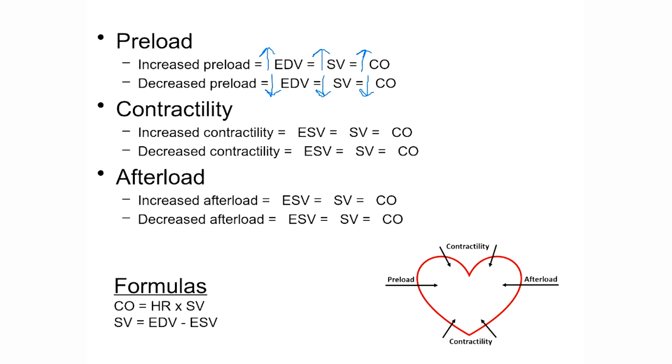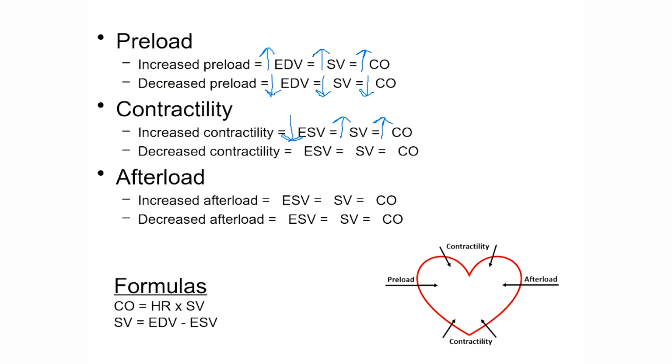And in that case, that means there's going to be less blood left in the ventricles at the end of systole. If there's less blood left in the ventricles at the end of systole, stroke volume increases, because if that blood isn't in the ventricles, that means it's gotten pushed out to the systemic circuit. So stroke volume has increased. And when stroke volume increases, we get an increase in cardiac output.